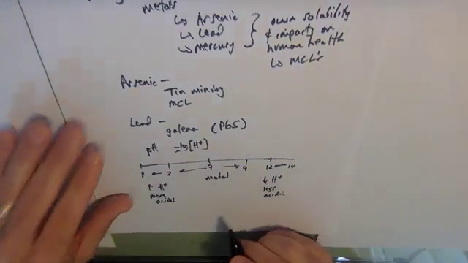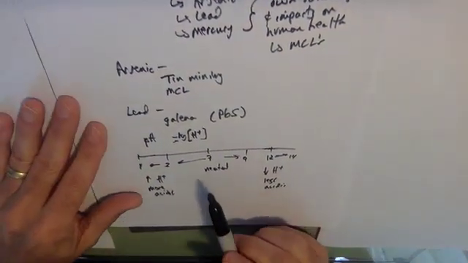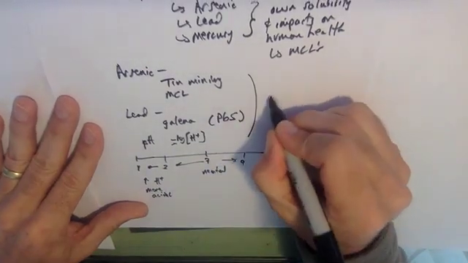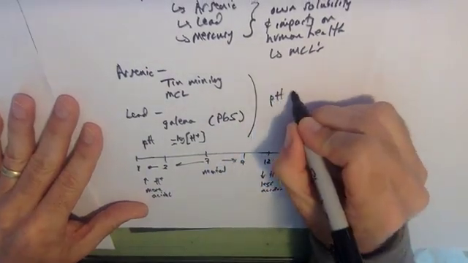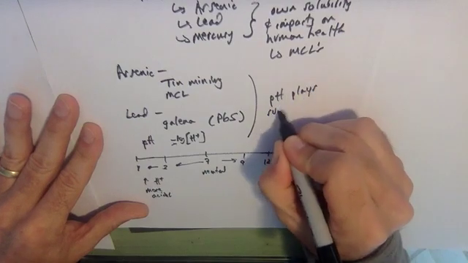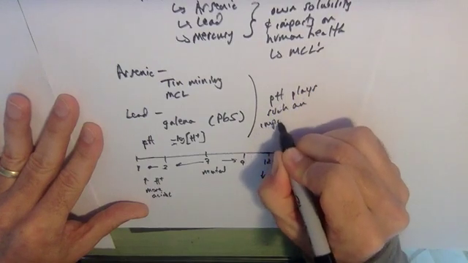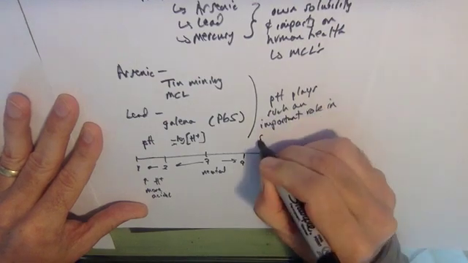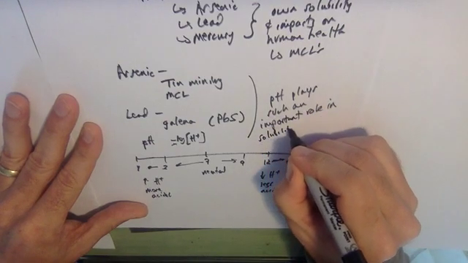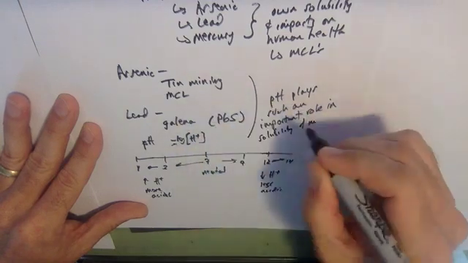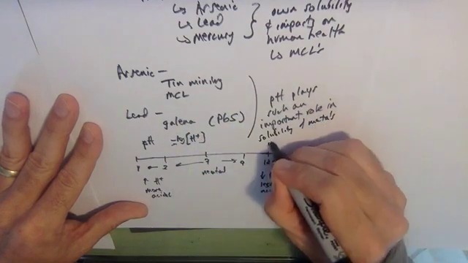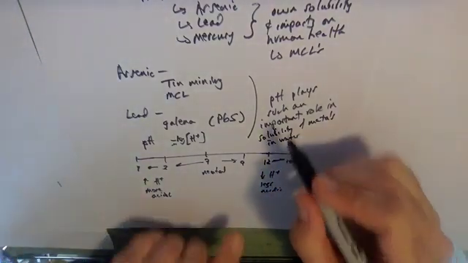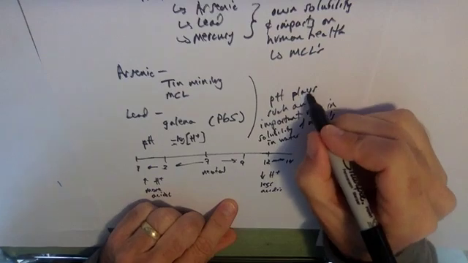But anyway, what happens then is that because pH, or acidity, plays such an important role in the solubility of metals like lead and arsenic in water, the things that control the pH of the water are also really important.